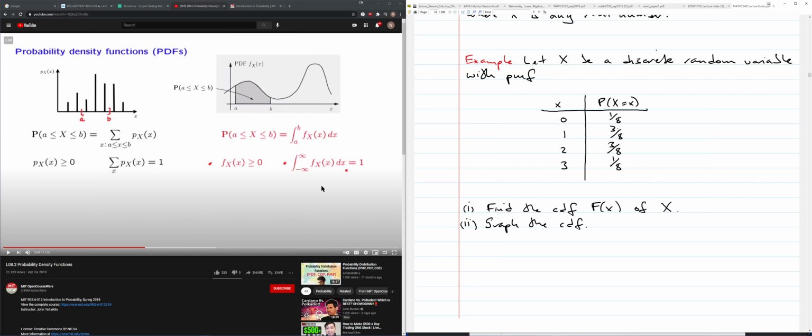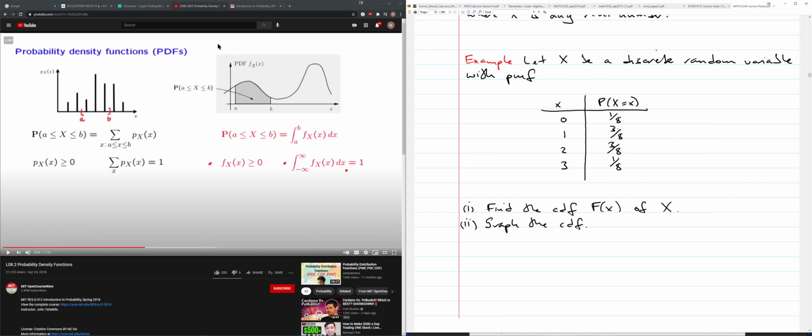Now, what this one is saying in the case of a continuous random variable is that if you add up all the probabilities, in other words, consider the probabilities from minus infinity to infinity, you integrate from minus infinity to infinity, and the result is equal to 1.